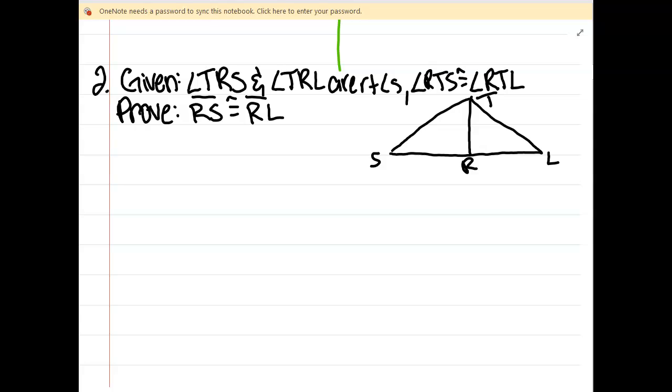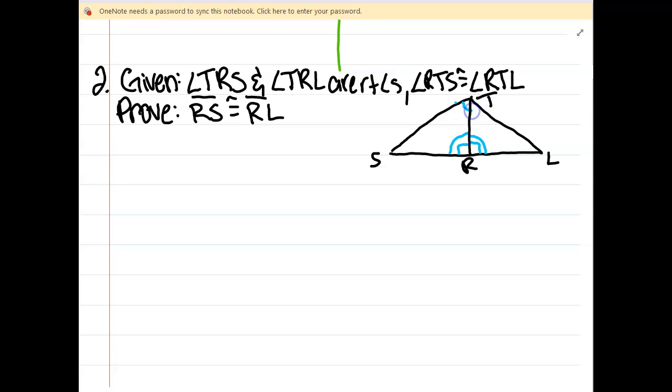So first it says TRS and TRL are right angles. So I could go ahead and mark them as right angles. Now, although it doesn't tell me this directly, since they're both right angles, what do I know? I know they're congruent. So I could take that a step further and say, okay, they're congruent. There, I have a congruent angle. It says RTS and angle RTL.